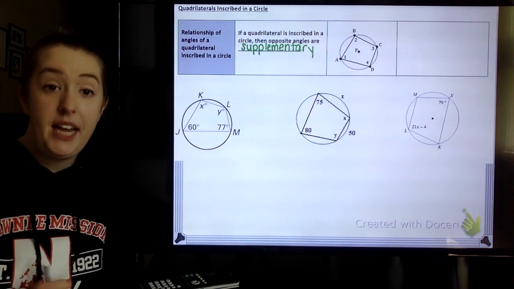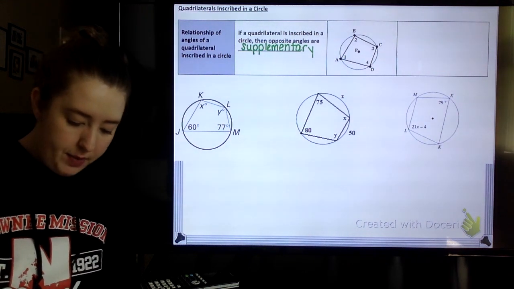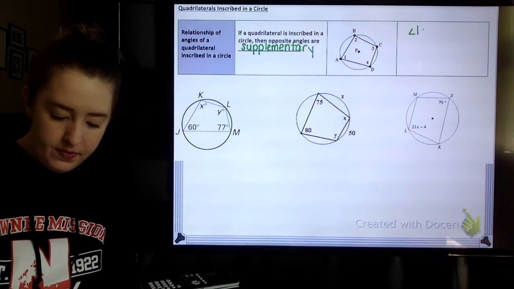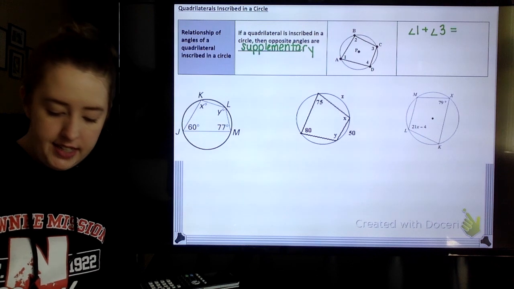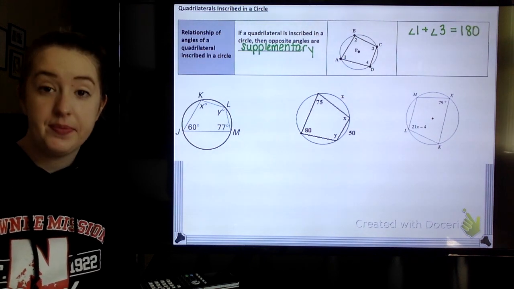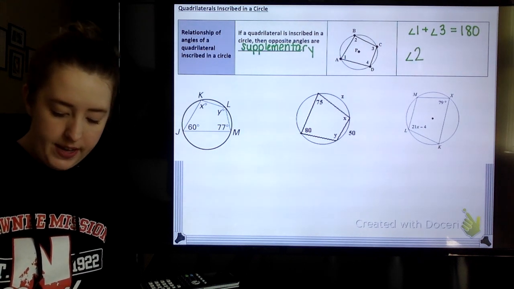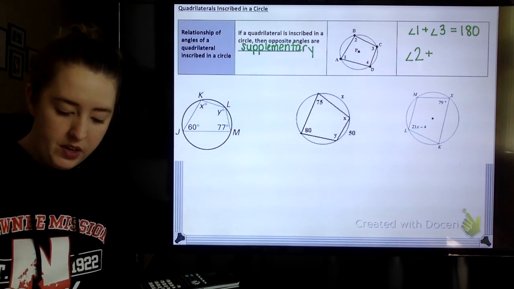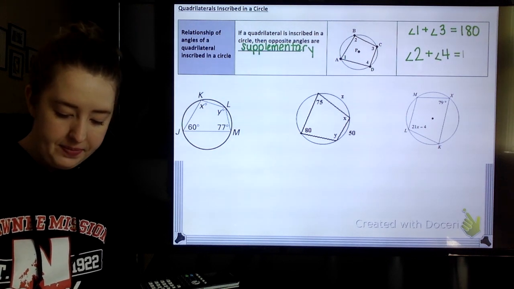What does that mean? Remember, opposite means across from. So angle 1 and angle 3 would add together to equal 180 degrees since they're supplementary. The other two angles are also supplementary, so angle 2 plus his opposite angle, angle 4, is equal to 180.